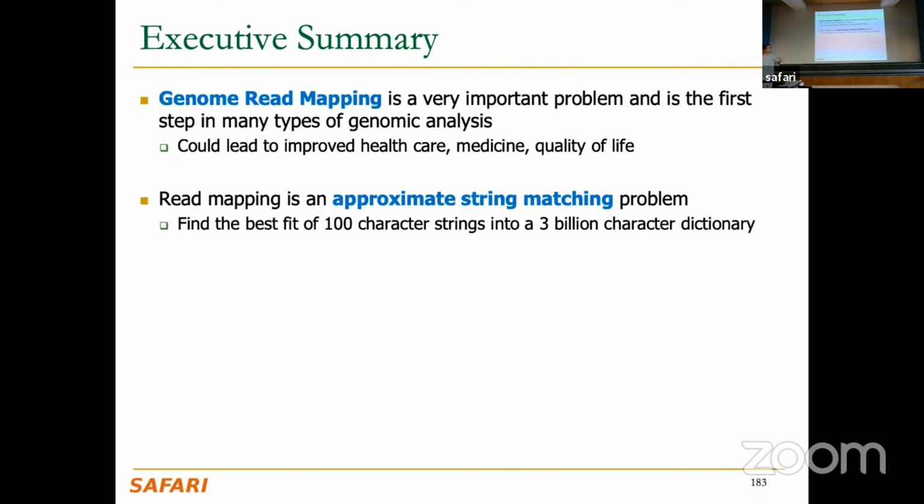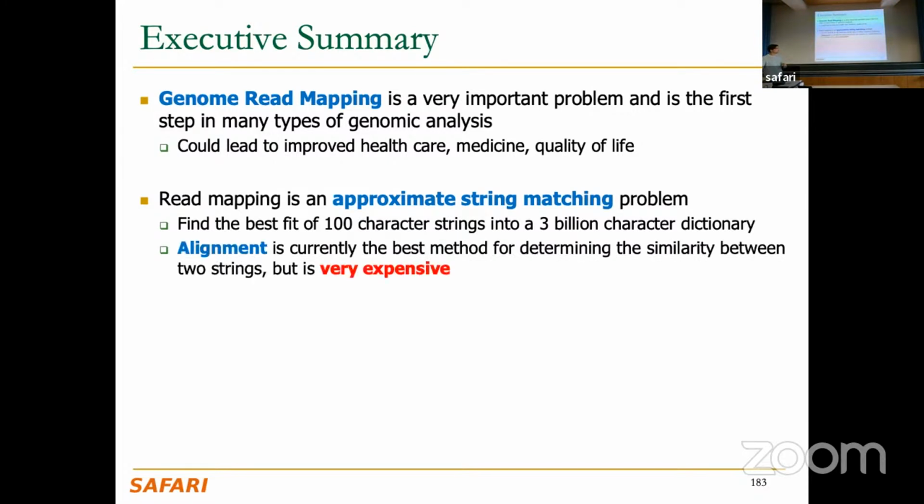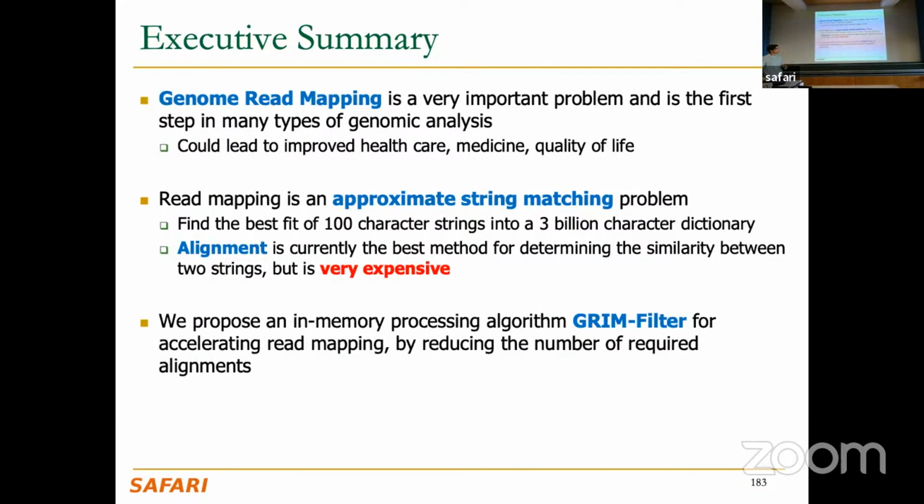That's why we talk about approximate string matching, because in the end, the genome of a person is very different from the genome of another person, right? And we are comparing them all to the same reference, so there will be some differences for sure. So alignment is currently the best method for determining the similarity between two strings, but it's expensive.